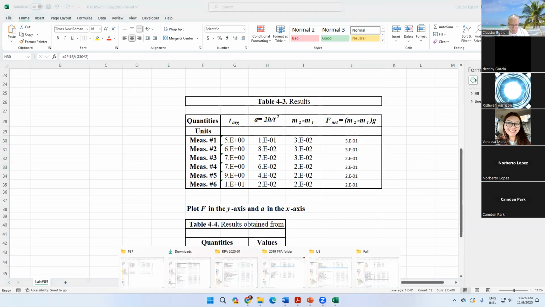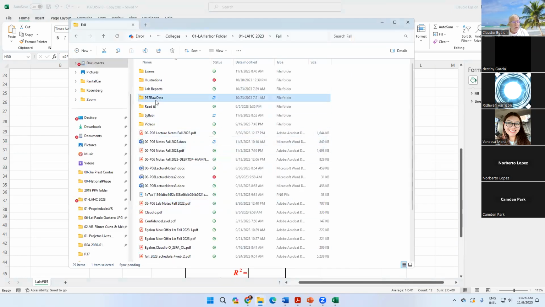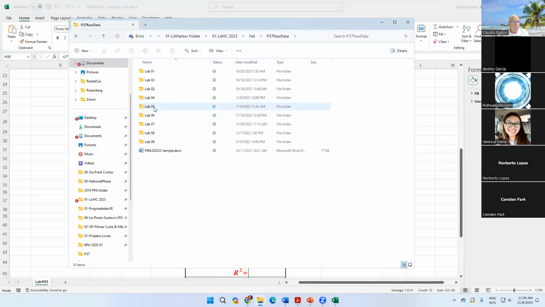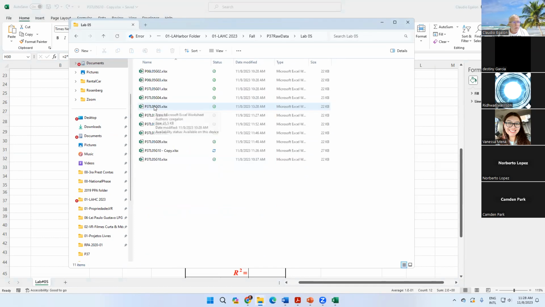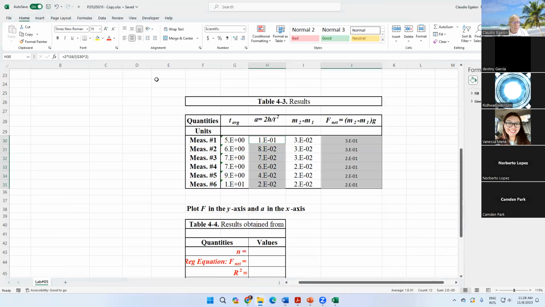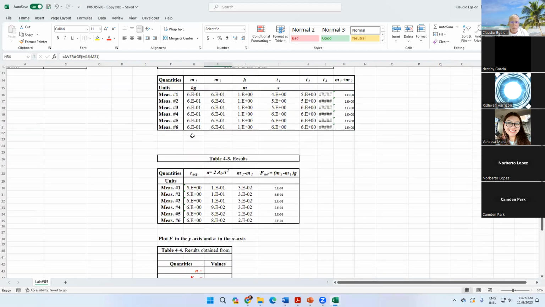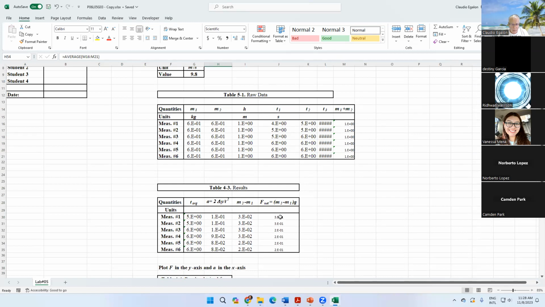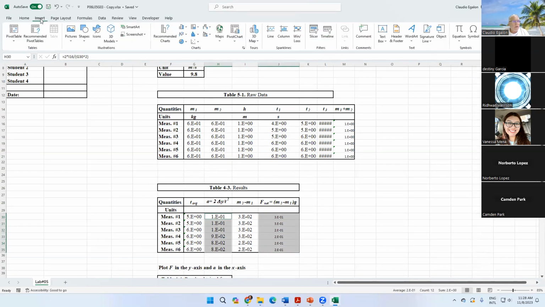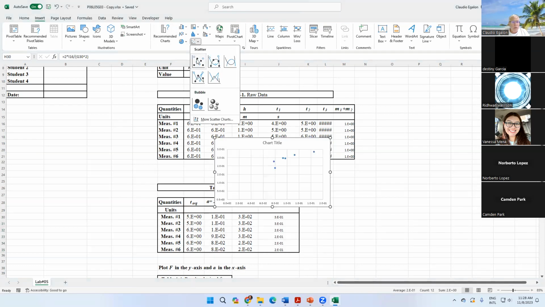Your group number? Group number 3. But when you apply a trend line, it looks linear, but by looking at it, it's not exactly. Okay, I'm going to highlight force and acceleration. Insert, chart.